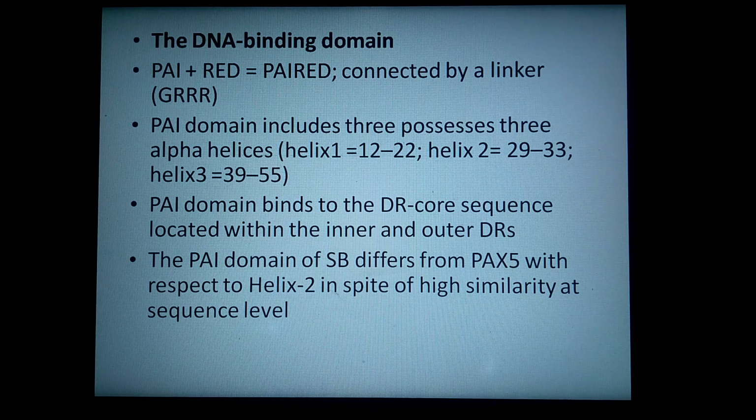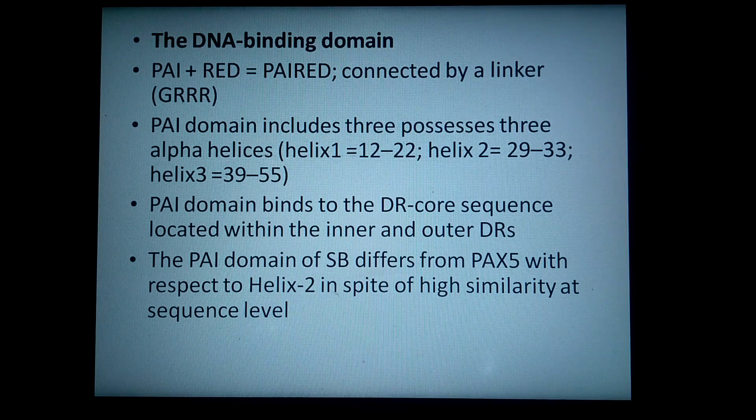Upon comparison of the SB PAI domain with the DNA binding domains of the related Tc1/Mariner family members, that is Tc3 and MOS1, the main differences are observed in the length or relative orientation of the alpha helices. As another example, PAX5 has the highest amino acid sequence similarity to the SB PAI domain, higher than Tc3 or MOS1.